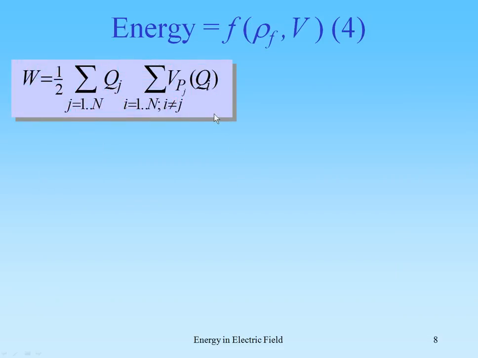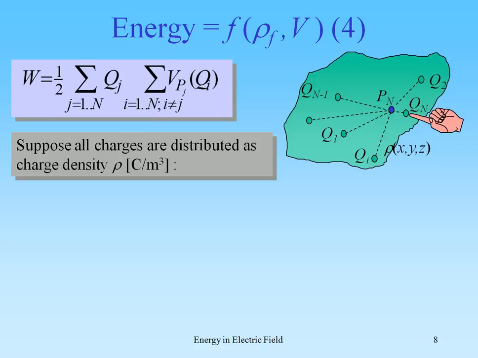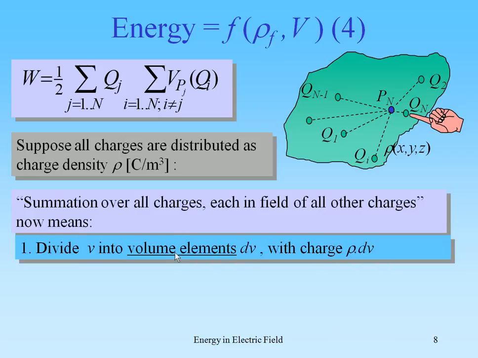Here is the expression again. And suppose all charges are distributed as charge density. Then we have to sum over all the charges, each in the field of all other charges. That means now divide the volume V into volume elements dV, and they will have charge rho dV.